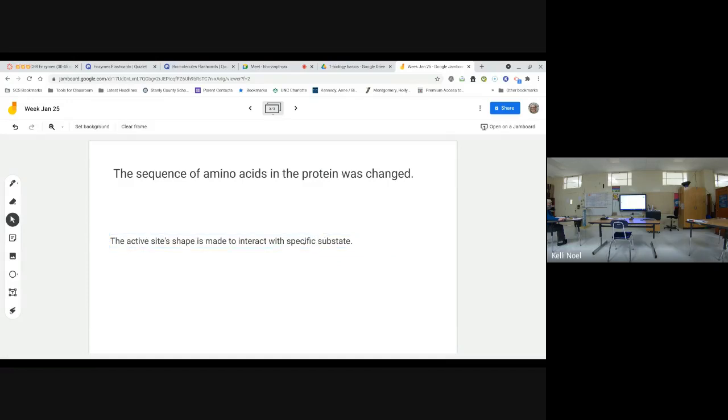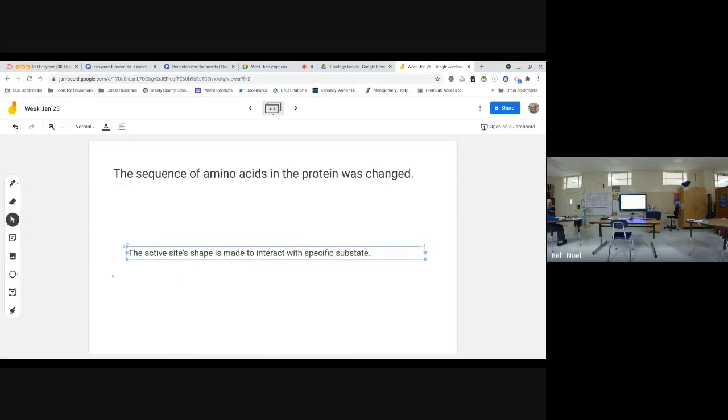All right. And then we know that hydrogen peroxide is supposed to interact with that enzyme, right? It has to bind to that active site.